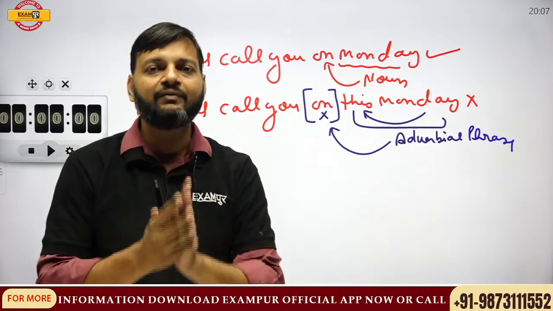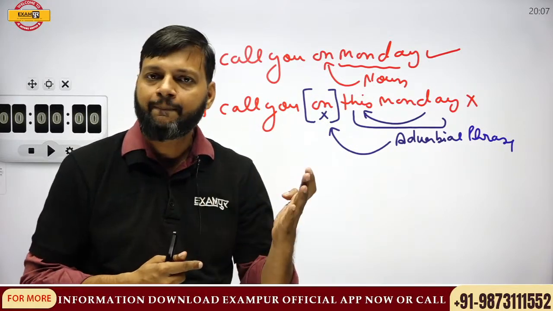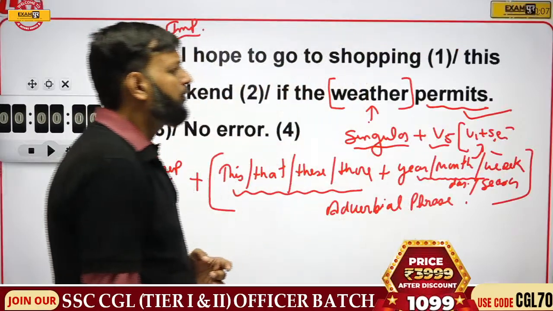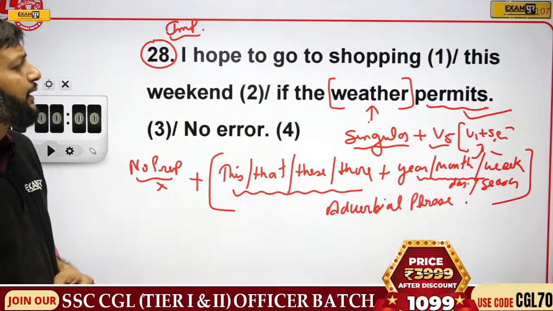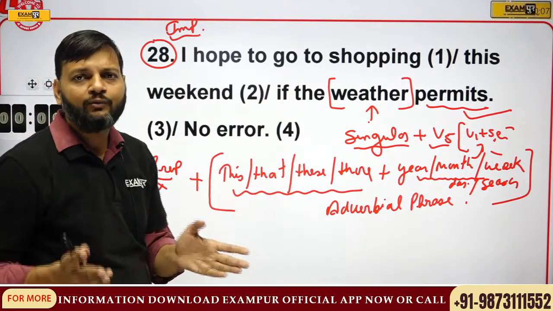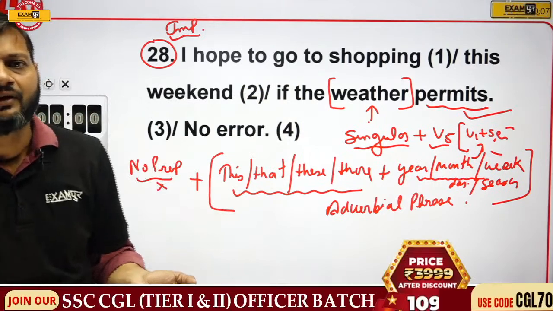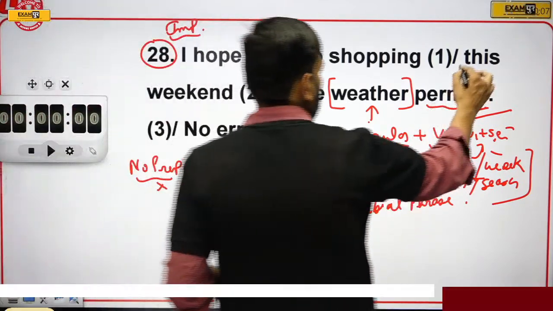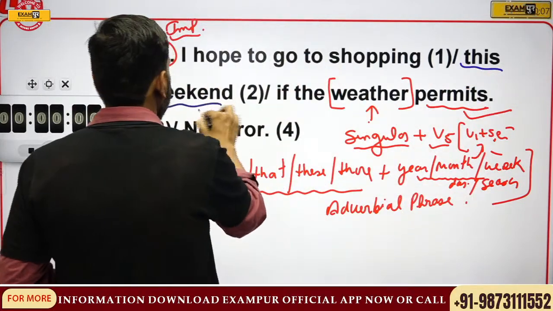So the students who think that in this weekend is right are wrong, because this weekend is an adverbial phrase and it is not preceded by any preposition. So this weekend is absolutely right.